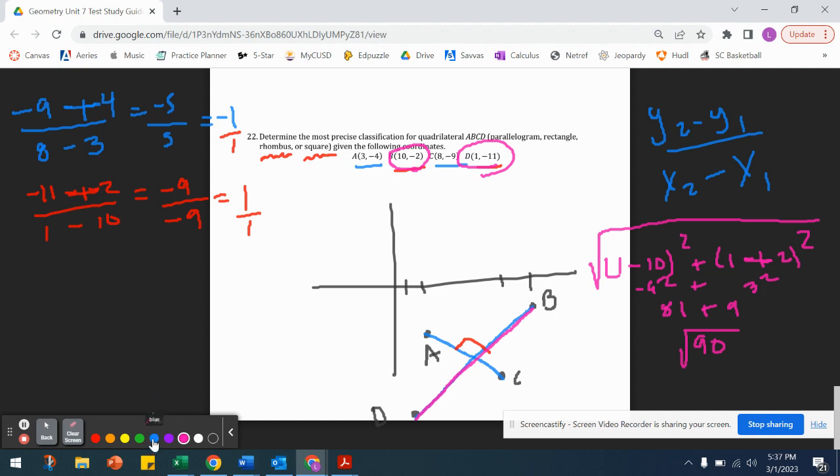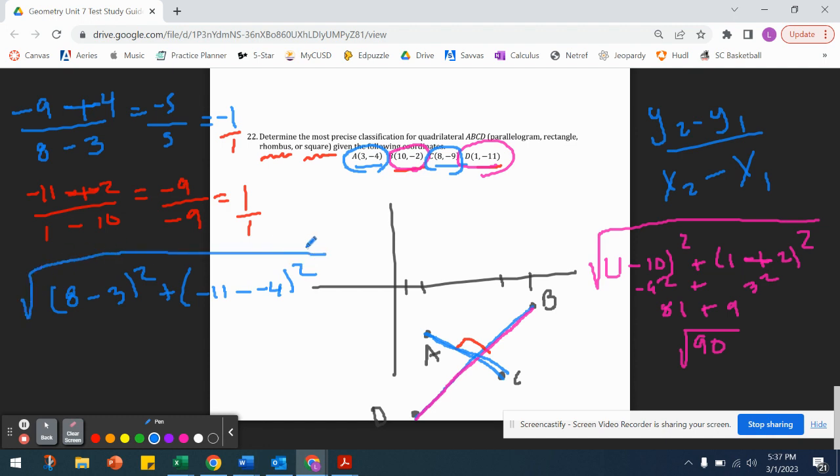We'll do the same thing for the blue one, which is A and C. I'm trying to figure out if these two are the same. Okay, so again, we're doing the same thing. x1, which is 8 minus x2, 3. Take that, we're going to square it, plus y2, which is negative 11, minus a negative 4, square it, and this is all underneath the square root.